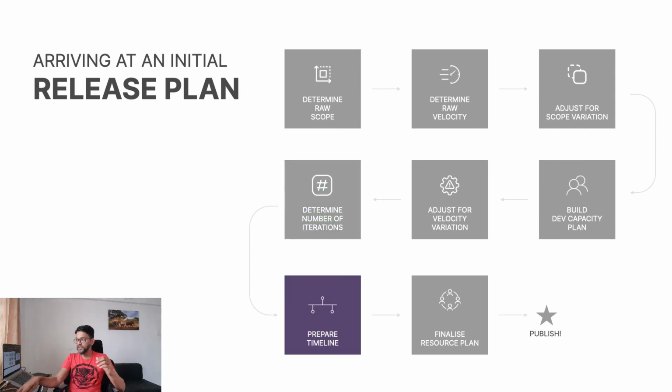You prepare the project timeline, you finalize all the resources that you need, not necessarily people because you've already factored that in already, but you're probably going to need other resources such as servers, you're going to need stuff to get provisioned, environments set up, and all of those resource plans need to be accounted for before you publish the final plan.